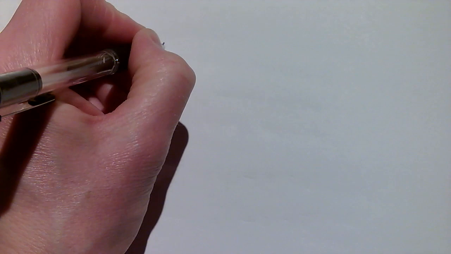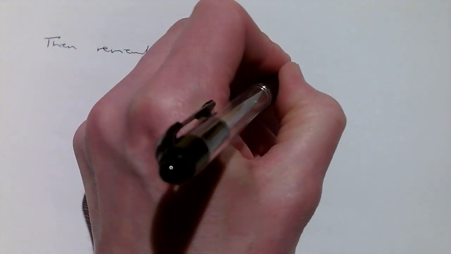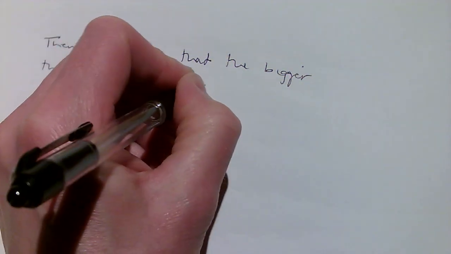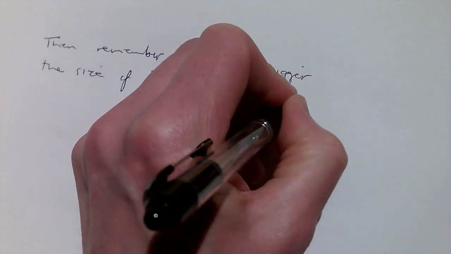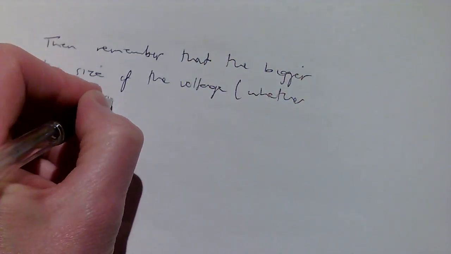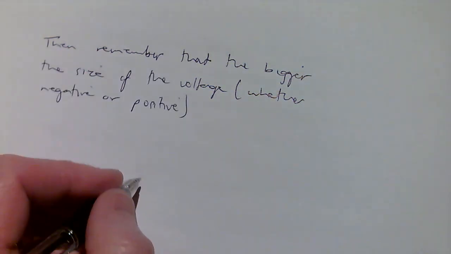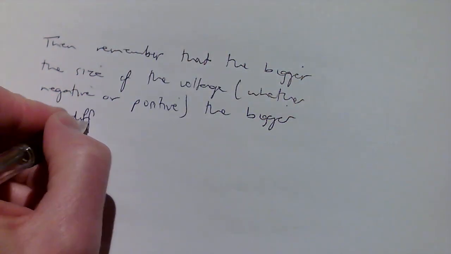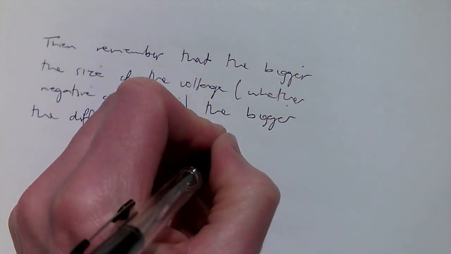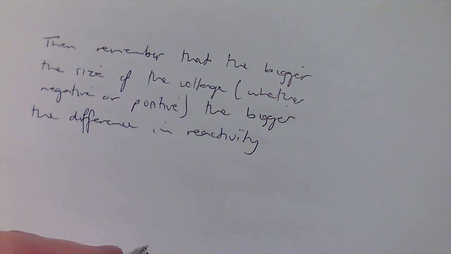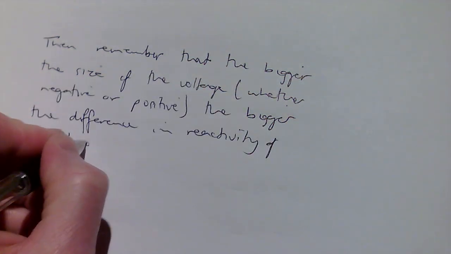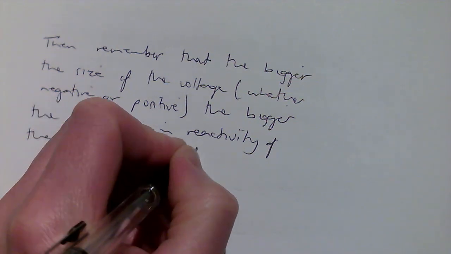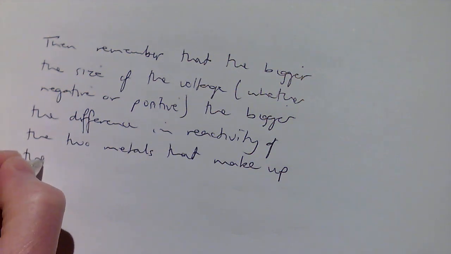Remember that the bigger the size of the voltage, whether negative or positive, the bigger the difference in reactivity of the two metals that make up the electrodes.